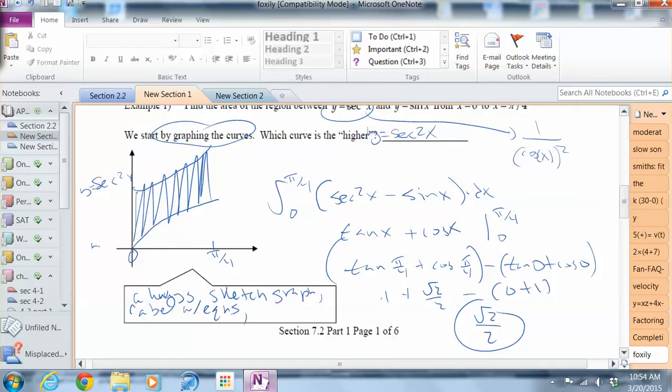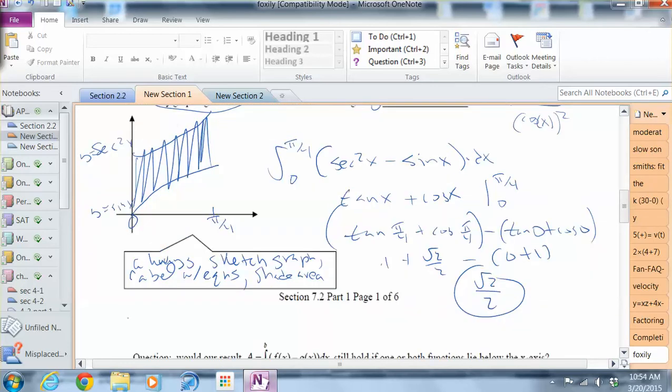Of course, that's y equals sine x right below. And of course, shaded area, which I did do. So this way you can visualize the problem. So very, very important. You want to visualize the problem, because it helps you to solve it, right?